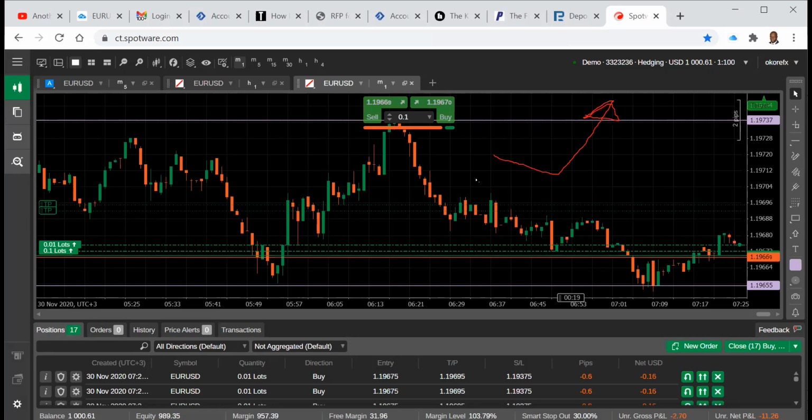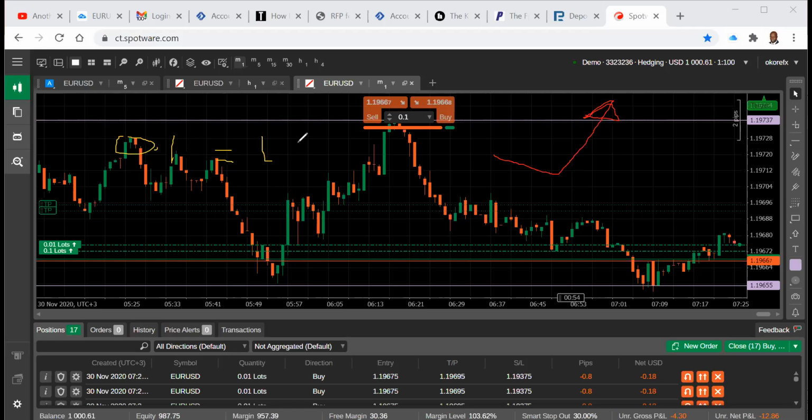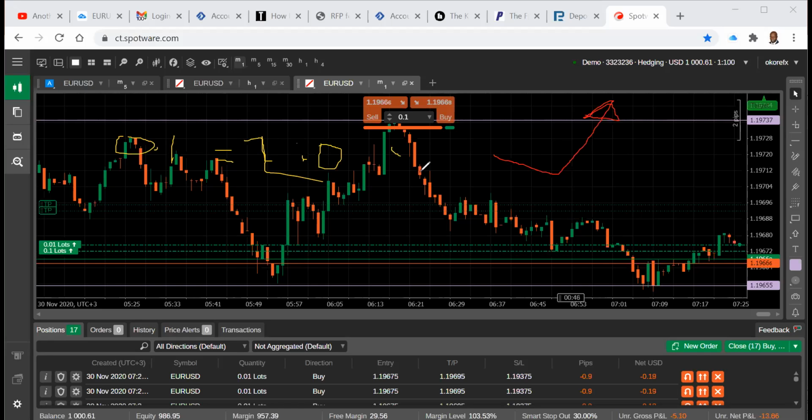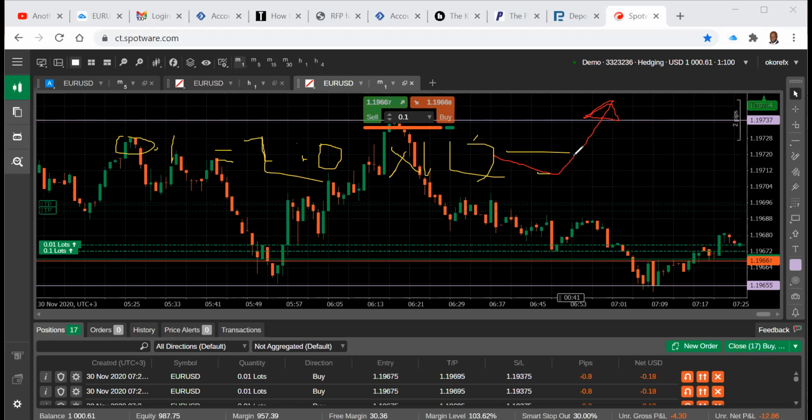So if I want to make $100, what do I have to do? Well, it looks like I have to do this thing 5 times, right? Simple logic. So this lot size of 0.1 allows me to take 10 trades. Or rather, the value of each trade is $2, which means I need 10 trades to give me $20.